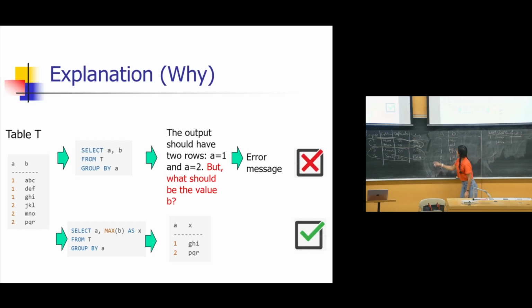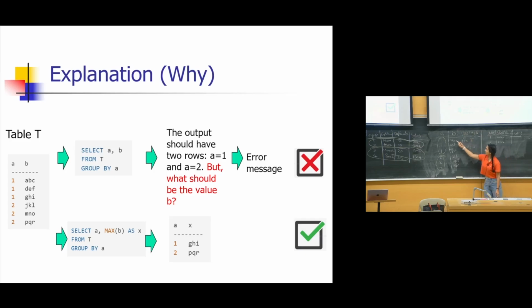So if you are grouping by A, it means you group the data like this. So how many groups do you have? 2. So if I select A and B from T, group by A, what is the problem?